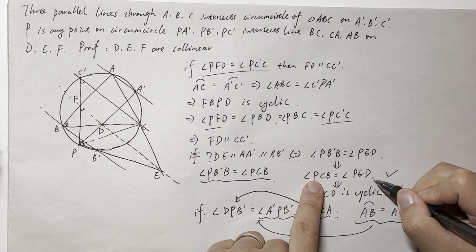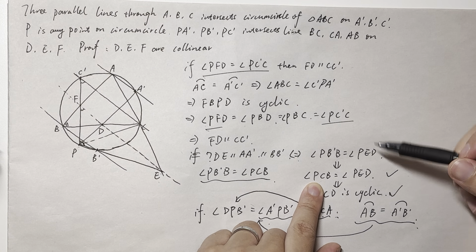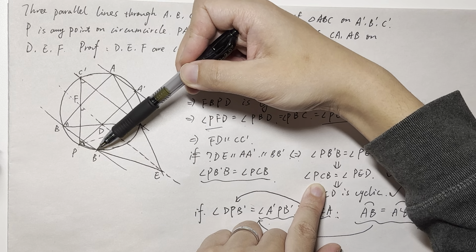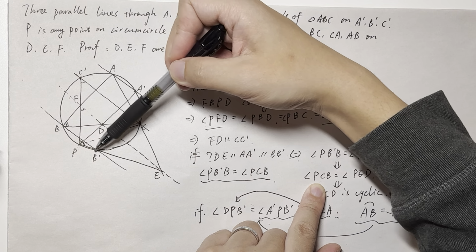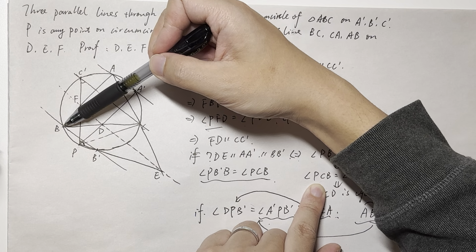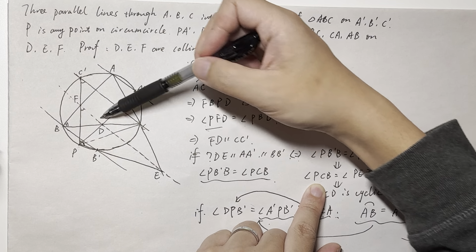So this is true, and because PB prime B equals to PCB, PB prime B now equals to PED.